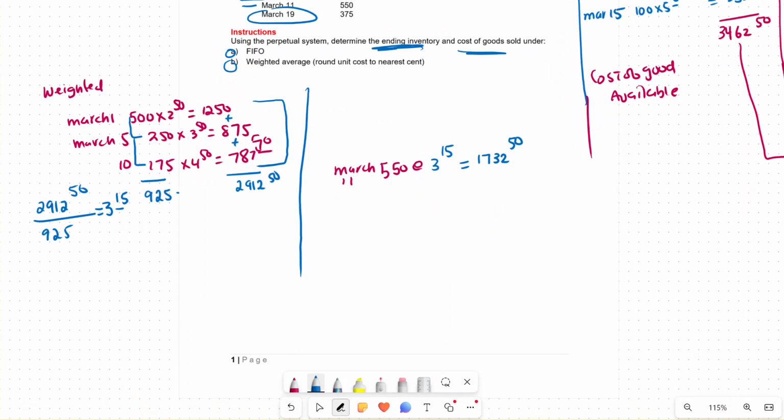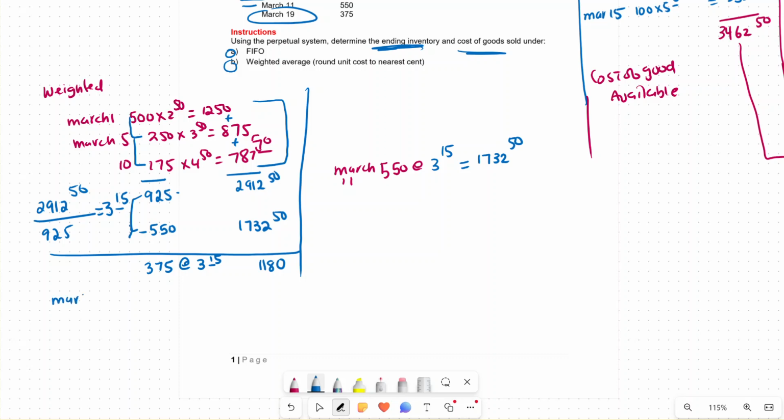Then going further, since we sold it, I have to take out of the 550 units the cost of the inventory that I sold. What you are left with is 375 units. The value of those units is $11.80, and the cost is $3.15.